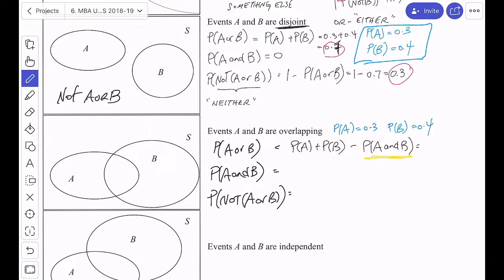So, do you know A and B, anyone? From the information given, the fact that the relationship of A and B is such that they are overlapping, do I know what the chance of A and B happening is?